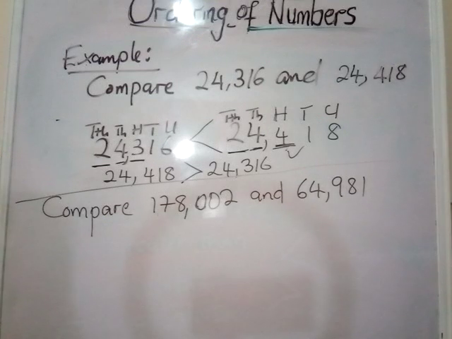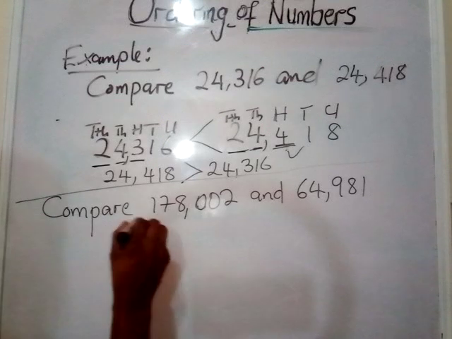5 digits. Now, when you are ordering numbers and you find out that one has more digits than the other, you don't need to stress yourself with anything.